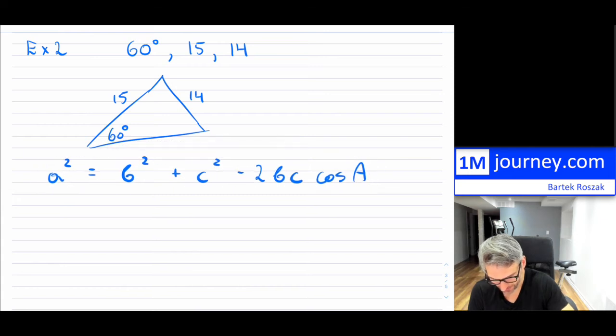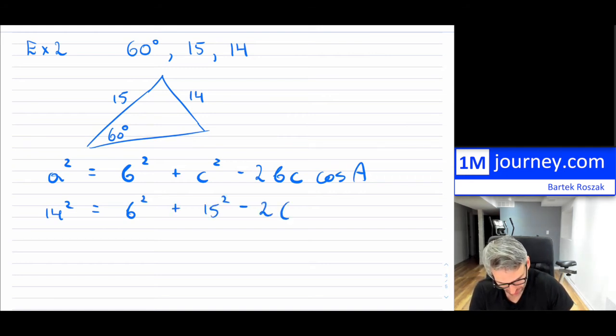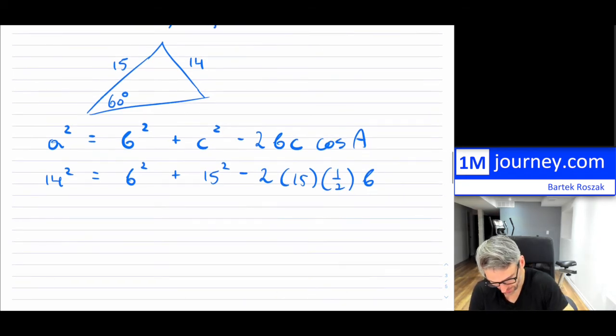Now, if I plug the numbers in here, my A is going to be 14 squared equals 2. I don't know what B is. C is 15 squared minus 2 times 15. Again, cos of A, which is the cos of the angle 60, which is still a half. And then, let's not forget B this time around.